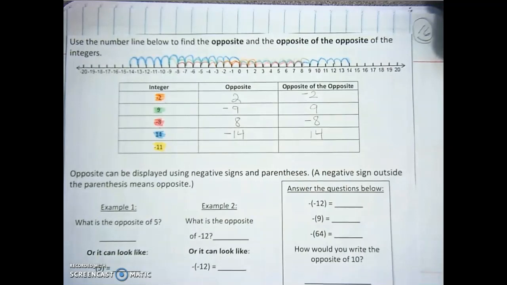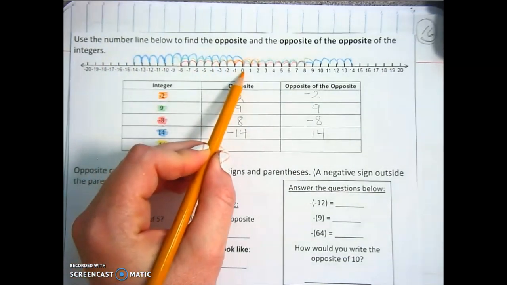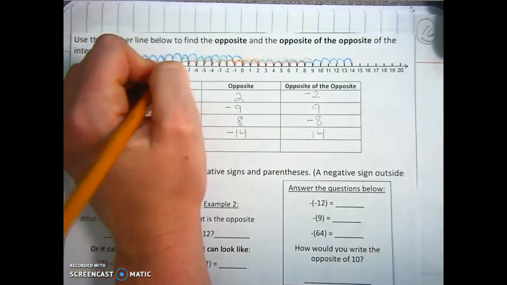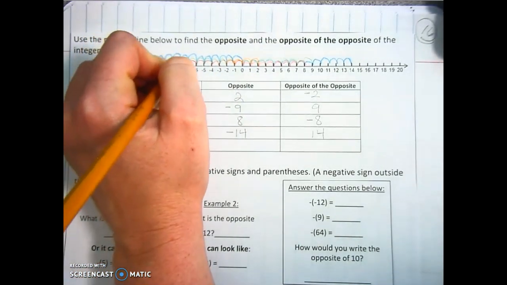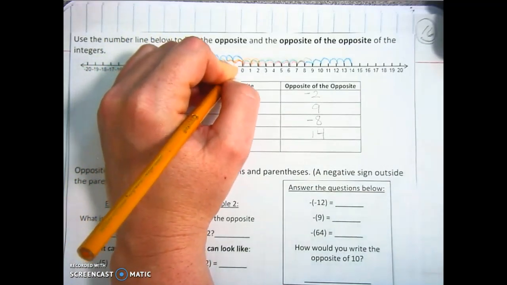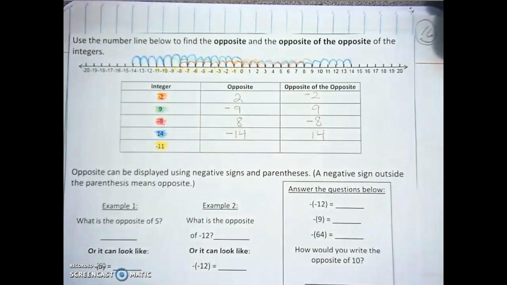Last one, yellow. The integer is -11. I'm going to count to see how many units or spaces it takes to get from -11 to 0. 1, 2, 3, 4, 5, 6, 7, 8, 9, 10, 11. 11 spaces to get from -11 to 0.